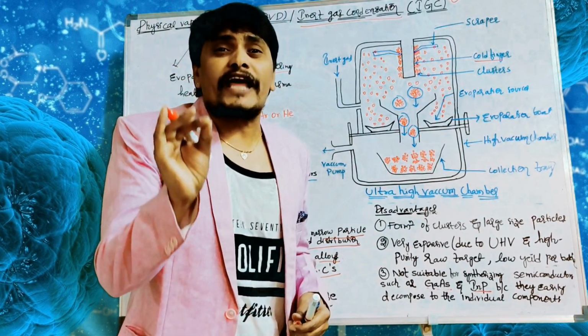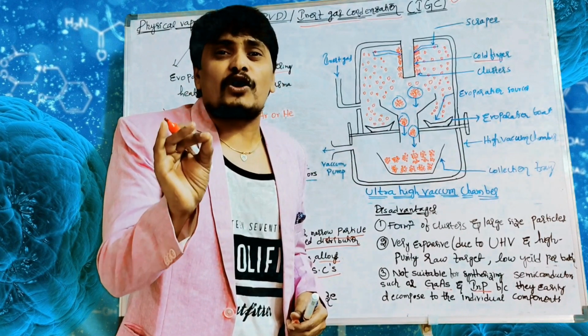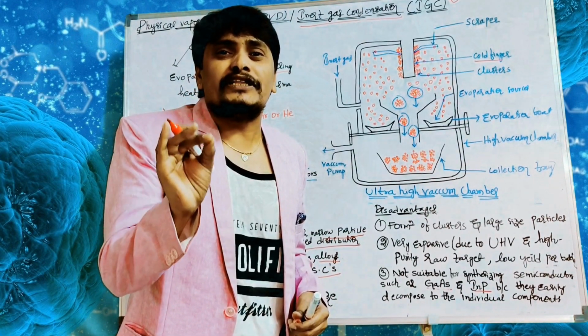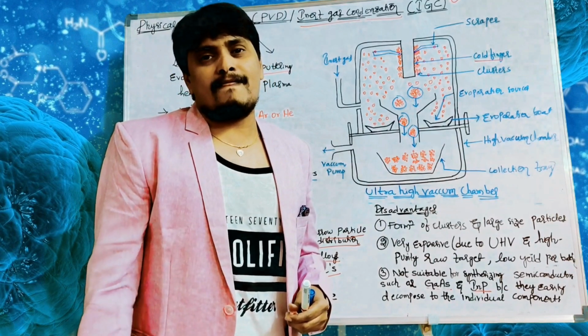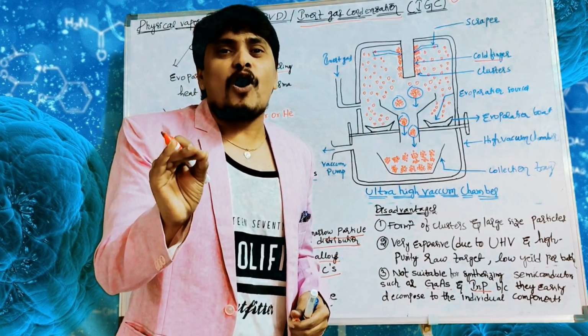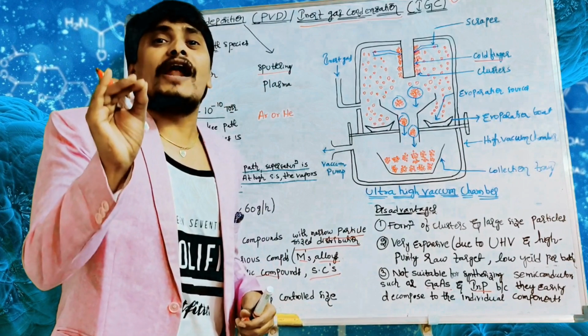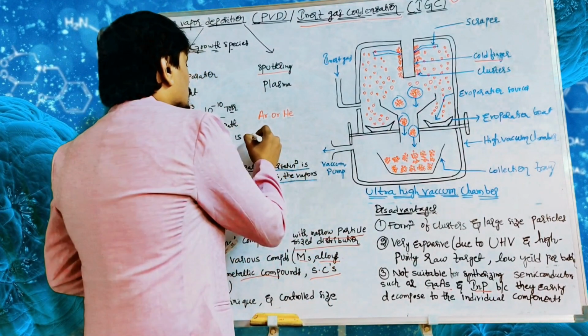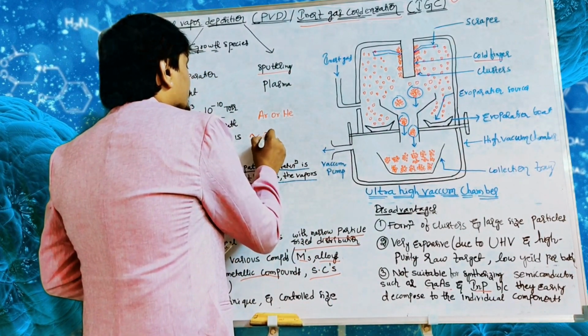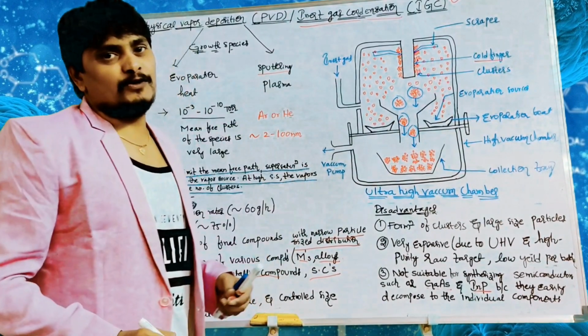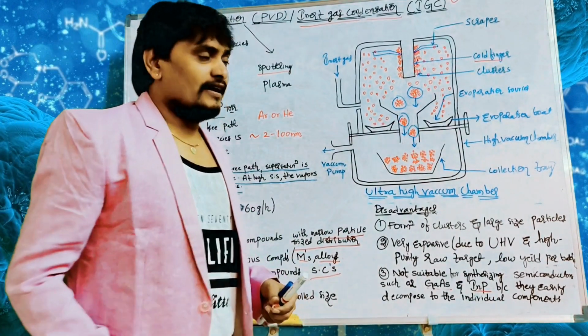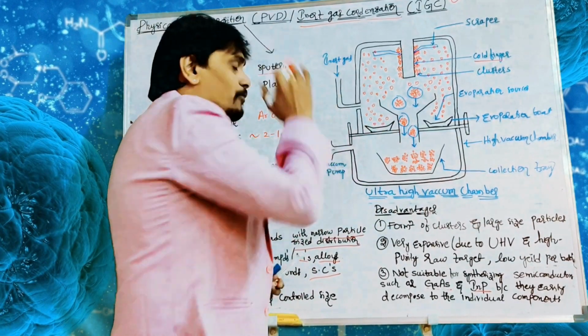That is, the nanoparticles which are going to be produced during the inert gas condensation process will be in the range of approximately 2 to 100 nanometers. Let us come back to our chamber.